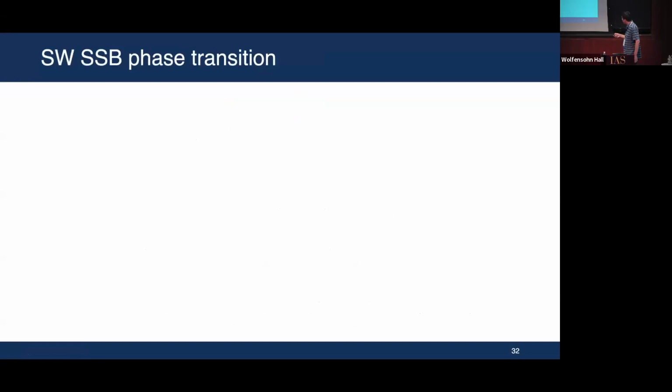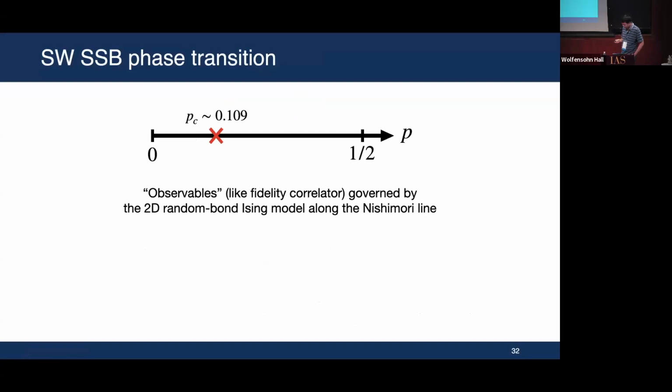All right, so now let me say a couple more words about this phase diagram. Observables, in quotes, because the fidelity correlator is not the usual observable, but if you try to calculate the observable, it turns out that they are mapped to some correlation functions or some quantities in the 2D random bond Ising model along the Nishimori line. And you might wonder whether this is specific to the model that we study.